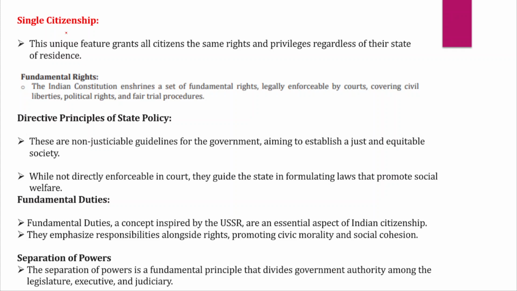Thirdly, single citizenship. The Indian Constitution has provided for single citizenship, right? This is a unique feature as it grants all citizens the same rights and privileges regardless of their state of residence.